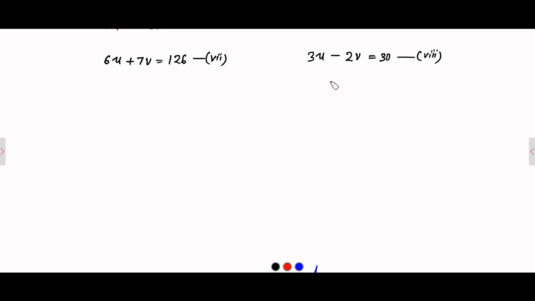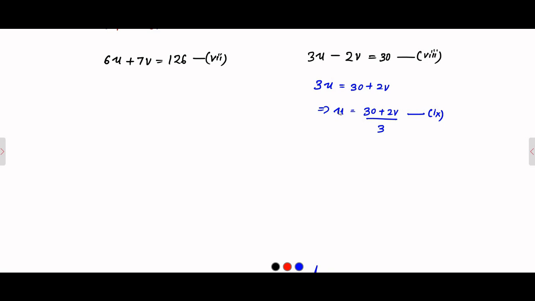So if we pick this equation, we have 3u is equal to 30 plus 2v, so u is equal to 30 plus 2v by 3. Let's say this is equation 9.